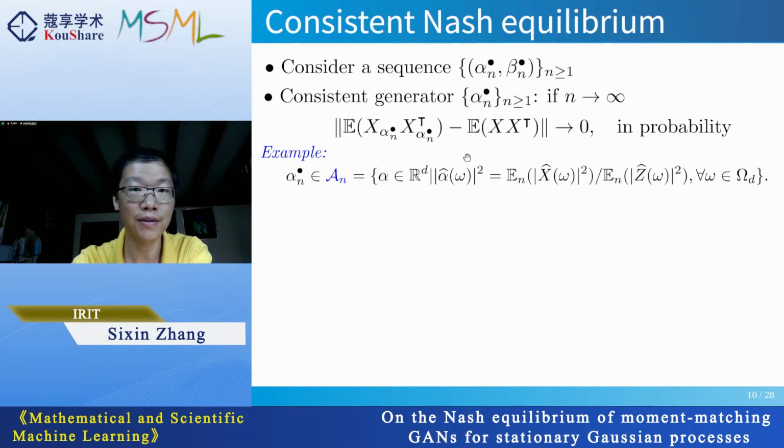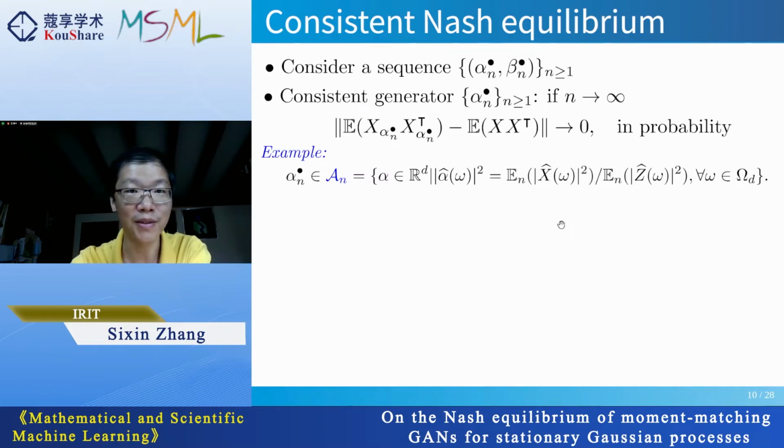And this is nice because one can construct explicitly a consistent generator alpha n from Fourier analysis. So this basically says that we can match the eigenvalues empirically using the n finite samples of data.